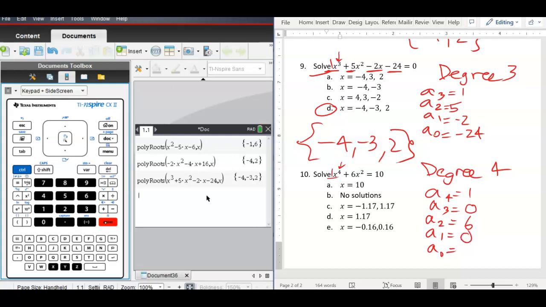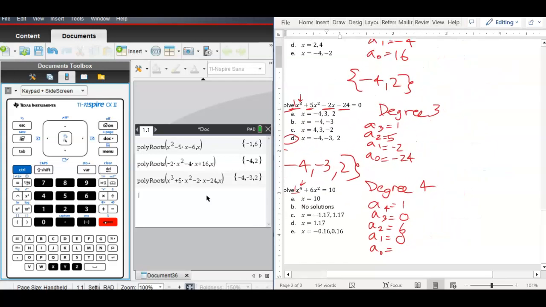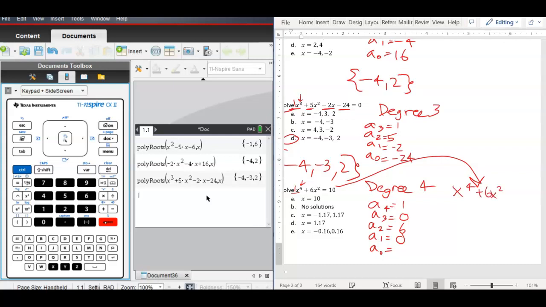And then what we should have done first, okay, is we bring this over here, x to the 4th plus 6x squared equals 10. Is this equal to 0? No. So to get rid of that positive 10, we subtract 10.